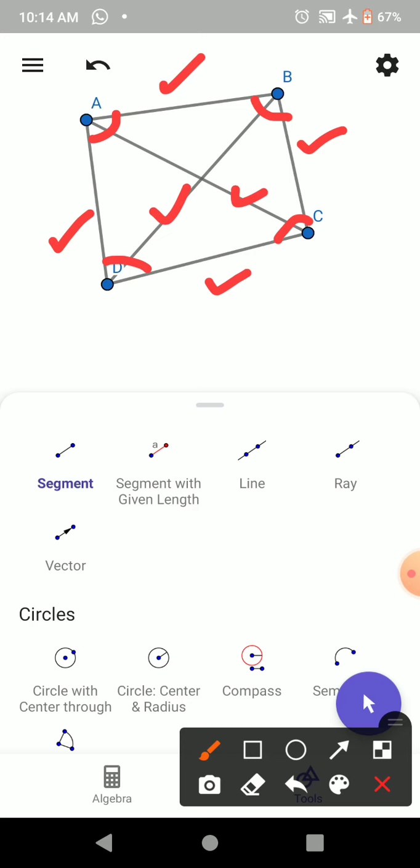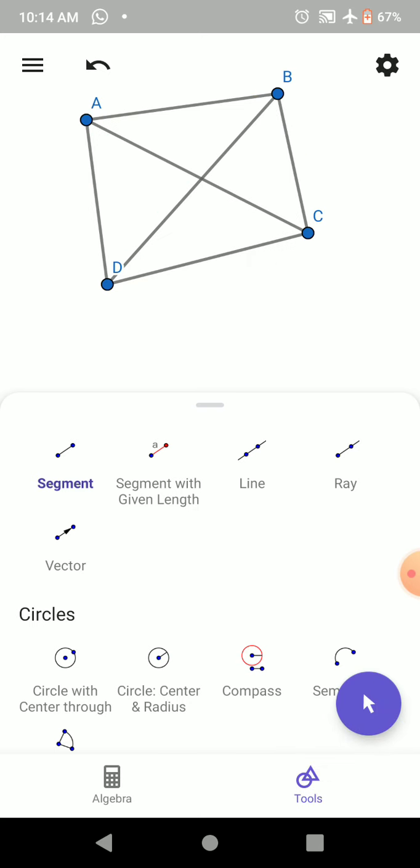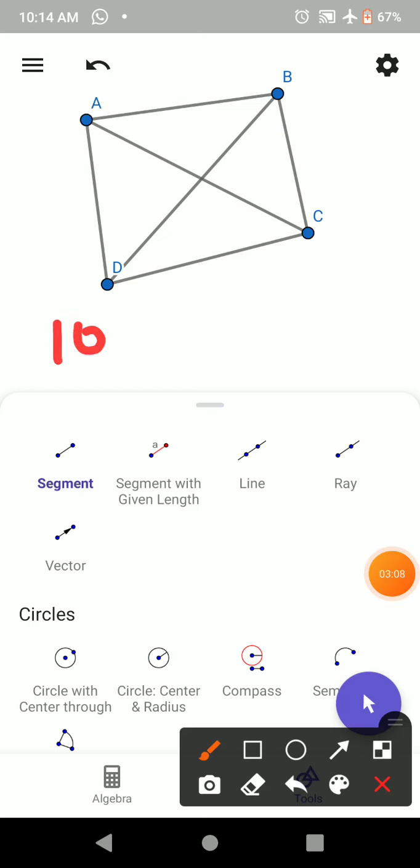So a total of 10 components. If out of these 10 components we know any 5, then we can construct the quadrilateral. It could be a side, an angle, or a diagonal. Any 5 components, and you can construct the quadrilateral.